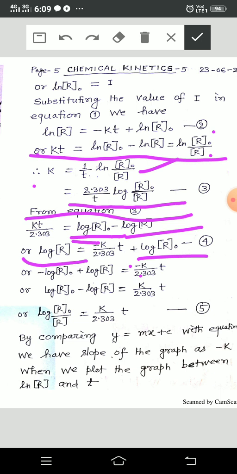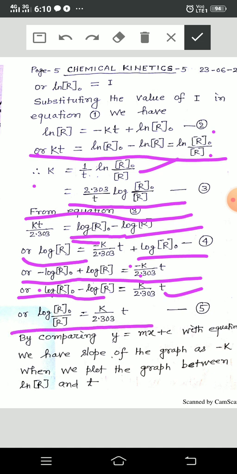From equation 4 you can also write it this way: minus log initial concentration plus log final concentration is equal to minus k by 2.303 multiplied by t, or log initial concentration by final concentration becomes equal to k by 2.303 multiplied by t.